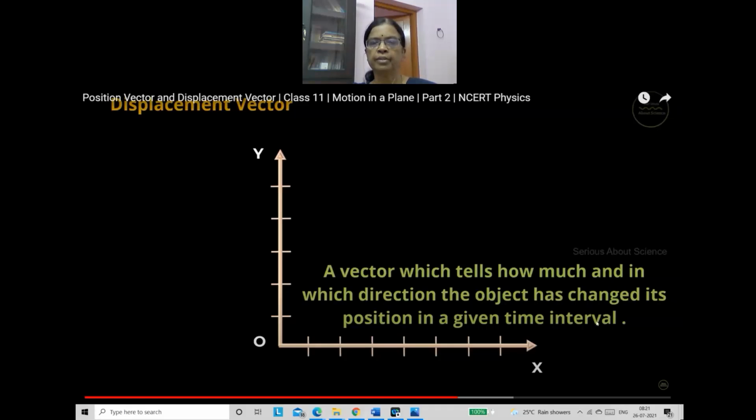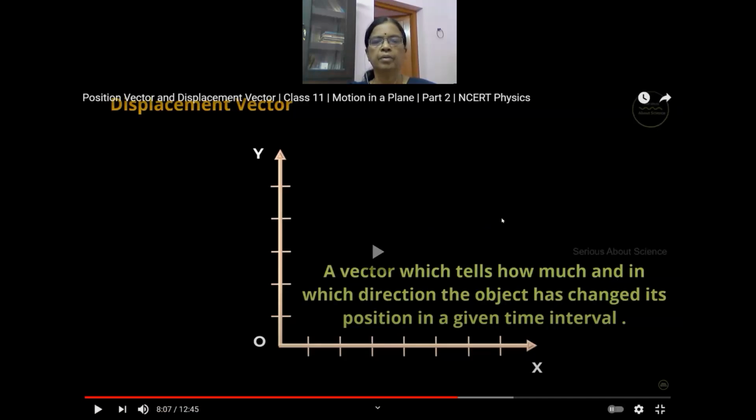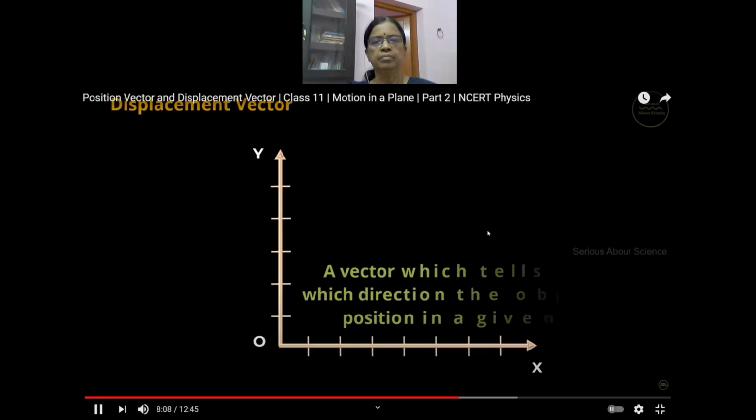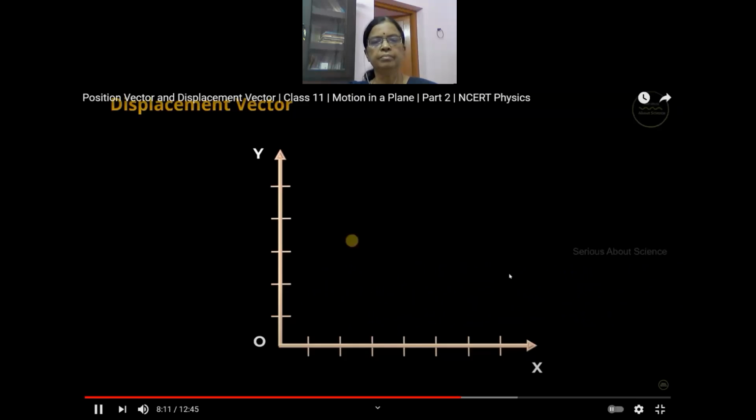Okay, that is the only difference. Displacement is the change in position, or the shortest distance between initial and final position. Here also it is the same. See how much distance it traveled in a given time interval, and which direction it traveled. These two things it gives us. For example, consider the position of a particle at time t, and I can denote this position by capital letter P. If I draw a vector from the origin to this point, we'll get the position vector, that is OP.